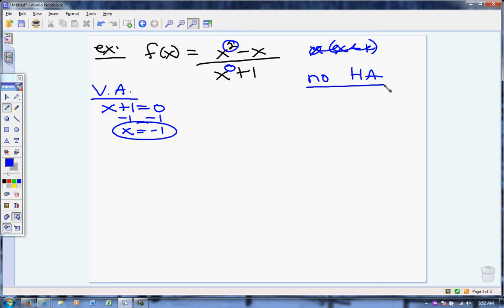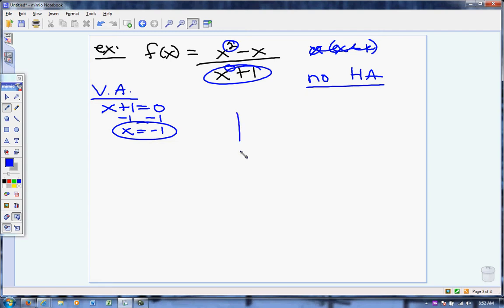So we do have a slant asymptote. How are we going to find that? We're going to use division. Now, don't I have a nice x plus 1 here that I can use synthetic division with? I can't. So we may as well do it the easy way.